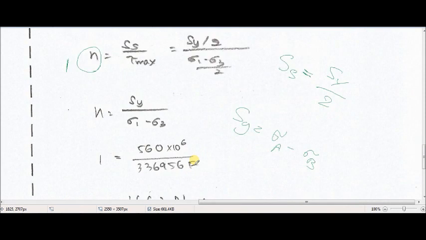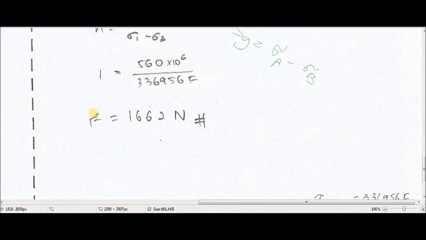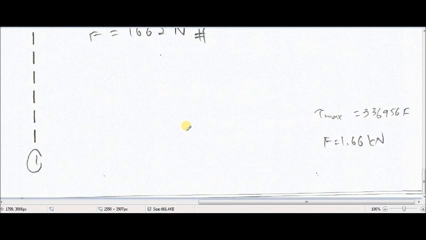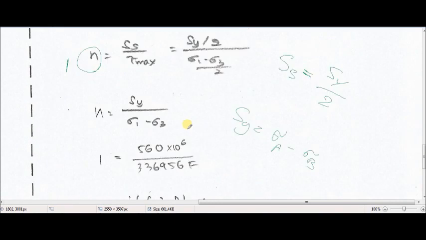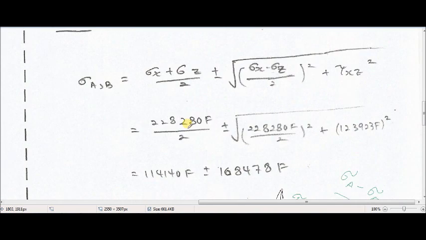And we will find that the load F is 1662 Newton. Okay, there is a conclusion or remarks here.